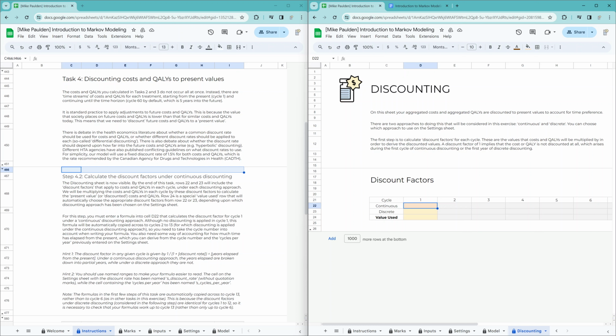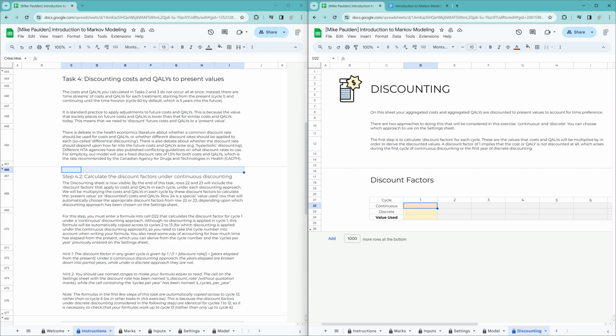So how are we going to do this? We need to take into account a couple of things here. We need to take into account the discount rate, and we need to take into account the number of cycles per year. So we're assuming that there's 12 cycles per year, but that could change, at least in principle. So let's come up with a formula that takes both of those things into account.